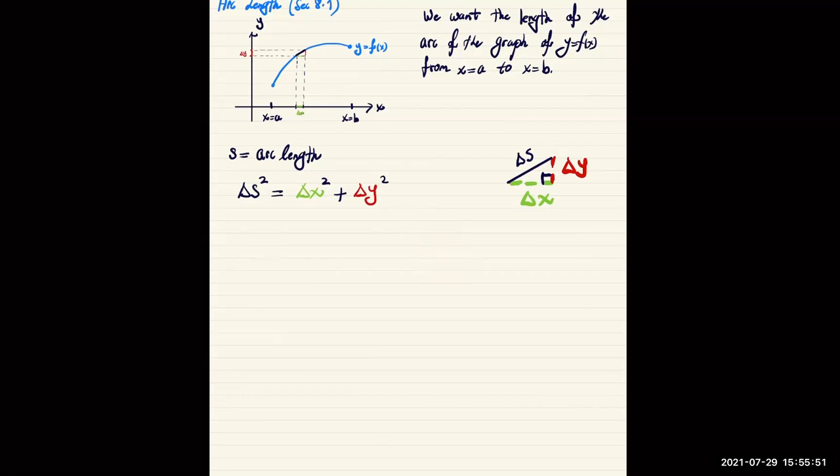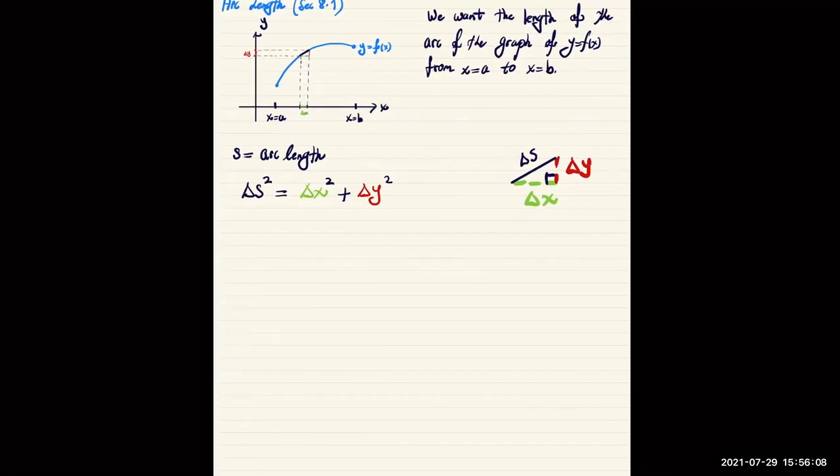So I am going to divide everything here by delta x squared. Because if I do that, this gives me a delta x squared, and I have my delta y over delta x.